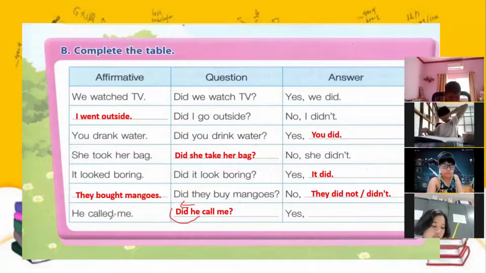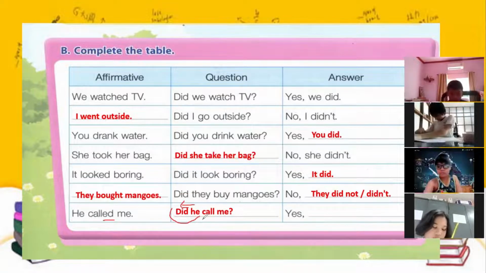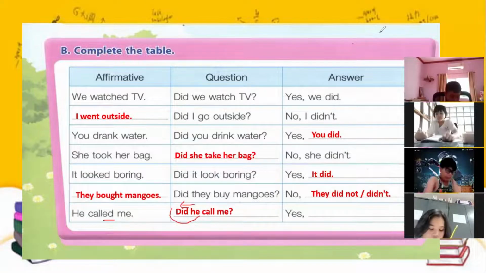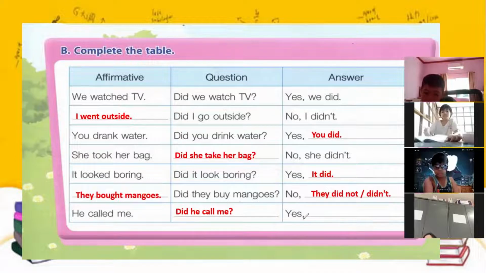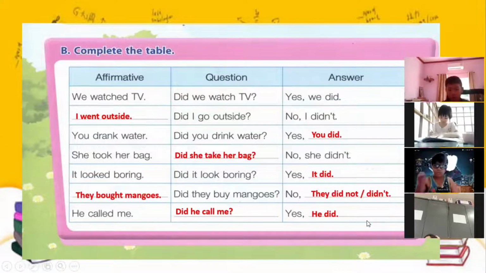Call me. So here you can see we add ed, but in the question we use the simple form, call. So did he call me? Now what will be the answer? Matum, can you tell me the answer as well? Did. Yes, he did. Very good. Yes, he did. Excellent.